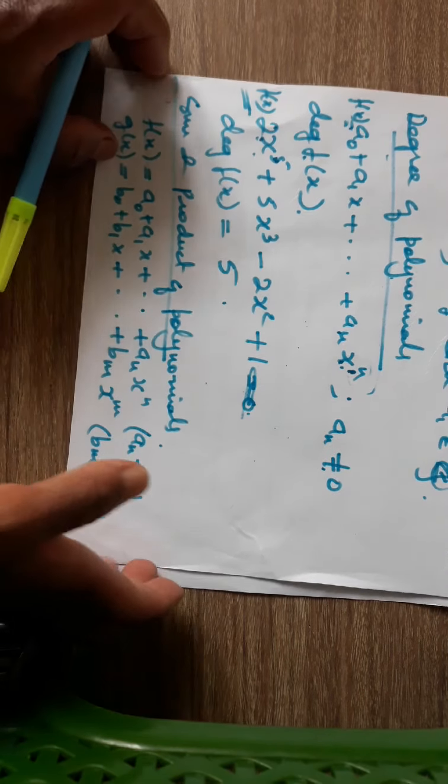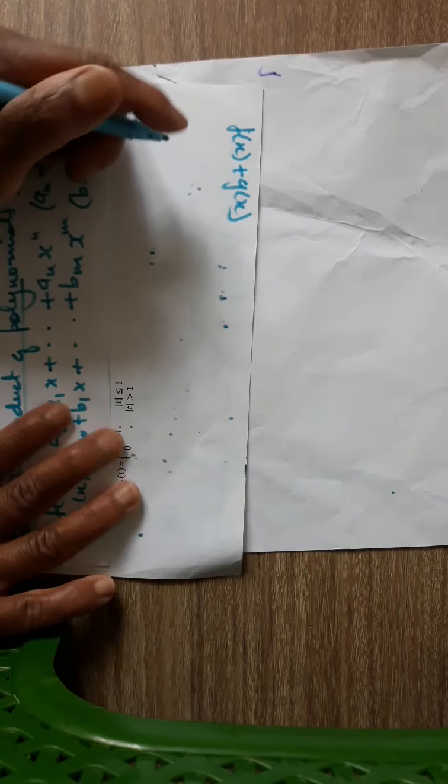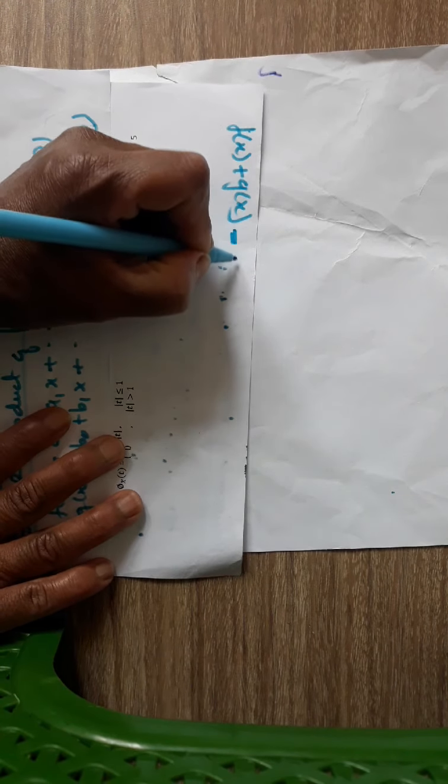Then for the sum you just add them. Then f(x) plus g(x) is defined to be the sum of these two polynomials, where you add all the coefficients.